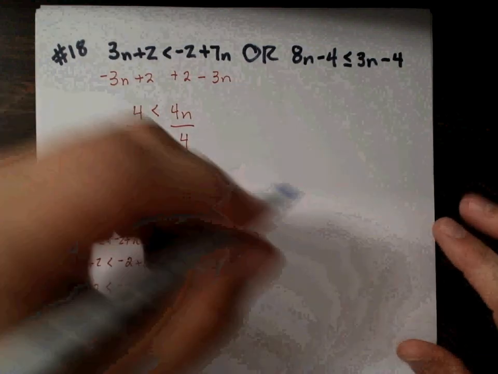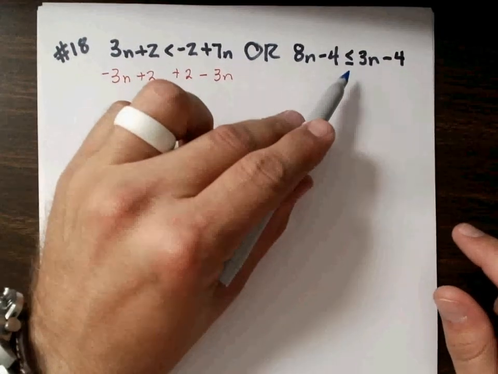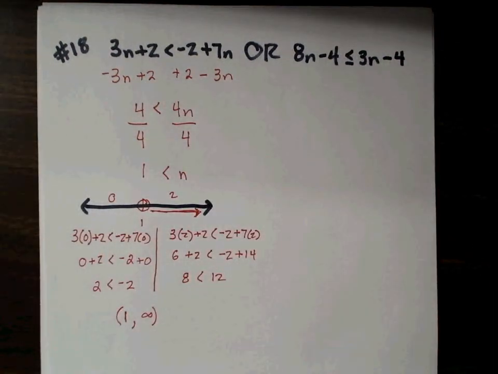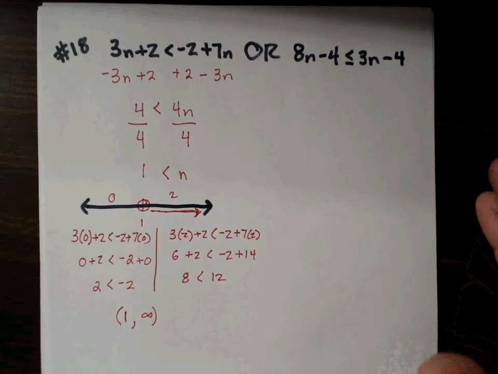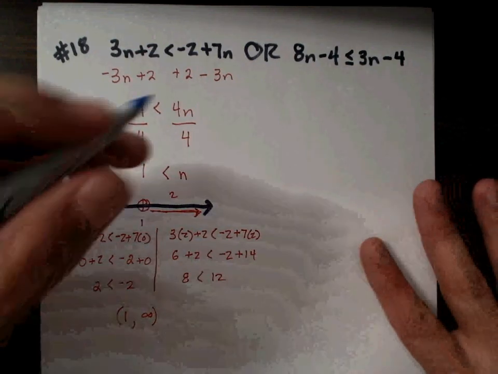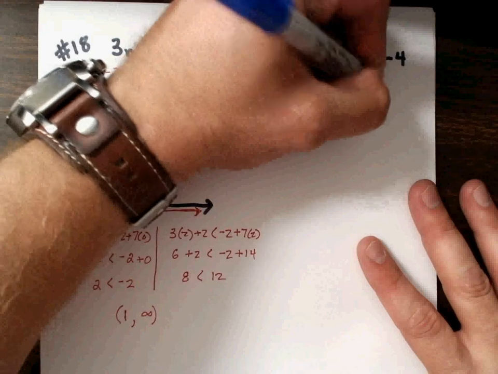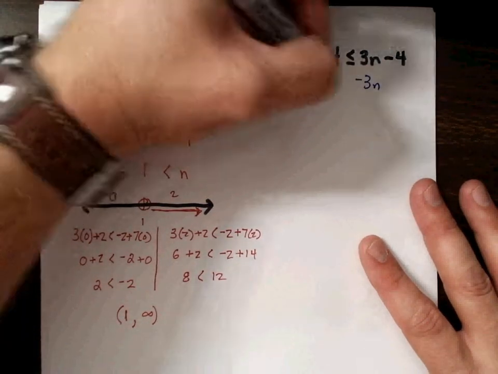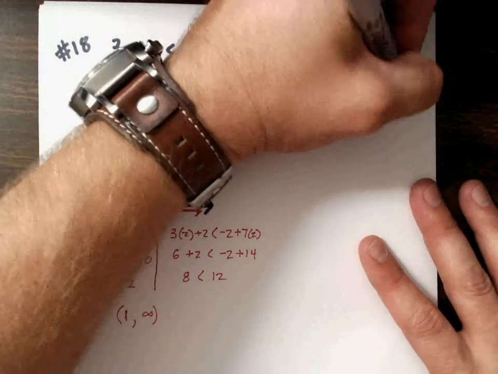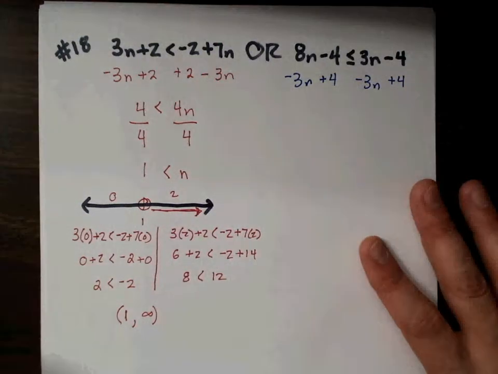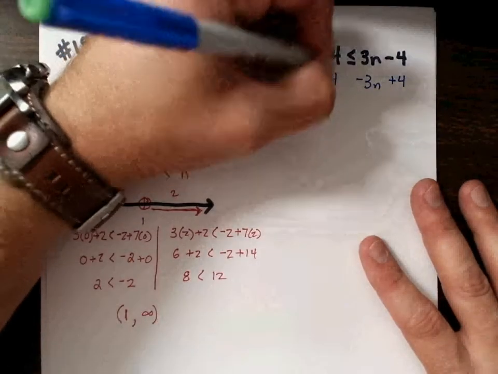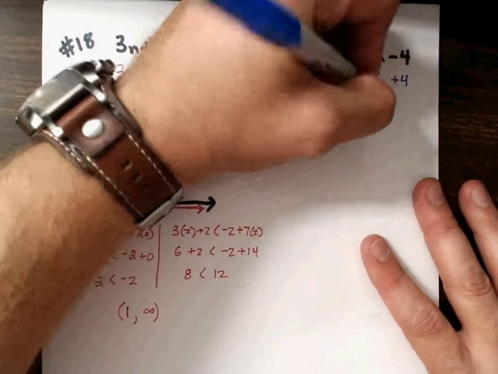So now we're going to work the other side. This one is going to be a little bit different because it is an equal to. So that means the solution that I have is going to have to be included in my solution set. So I'm going to move the 3 in to this side. I'm going to move my 4 to that side. And so this is going to give me a cancel, cancel, and a cancel, cancel.